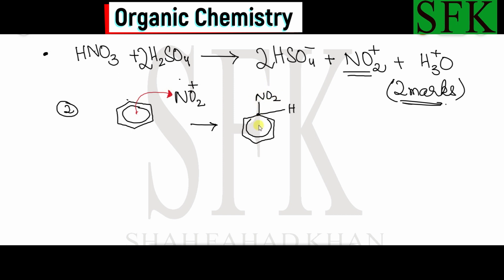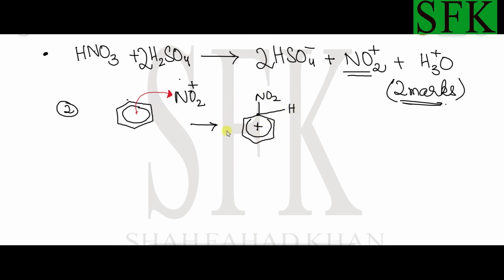So this NO2 group gets the electron from the electron density of benzene, and the ring gets a positive charge. Okay, now this is our intermediate, the carbocation intermediate, which is also called the sigma complex or the Wheland intermediate.